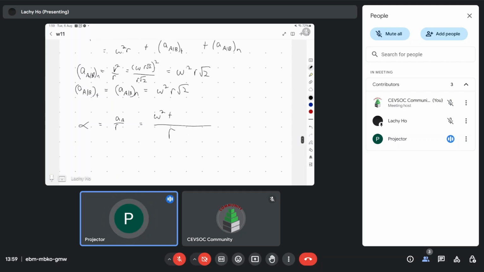And so when we take their components, because we're looking at vectors, they end up canceling each other out to get omega squared.